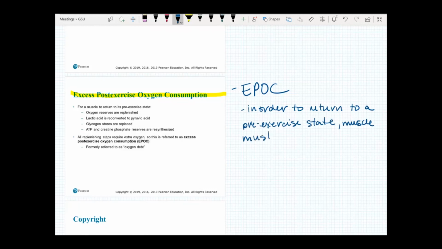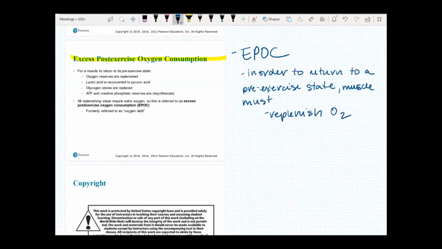They must replenish oxygen. They must also reconvert lactic acid that has built up through the anaerobic cycle back to pyruvic acid.